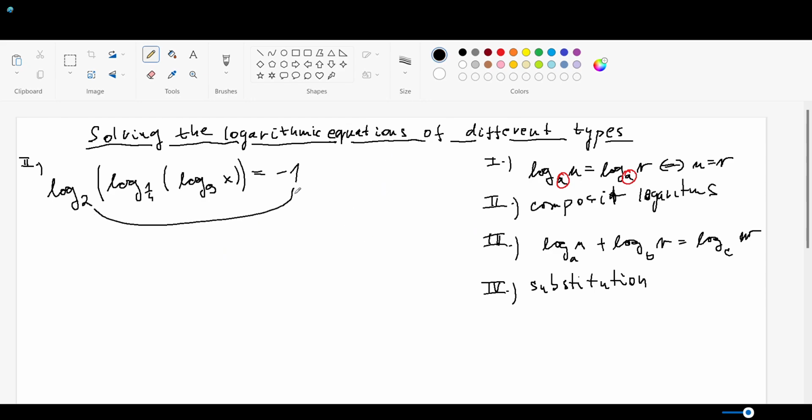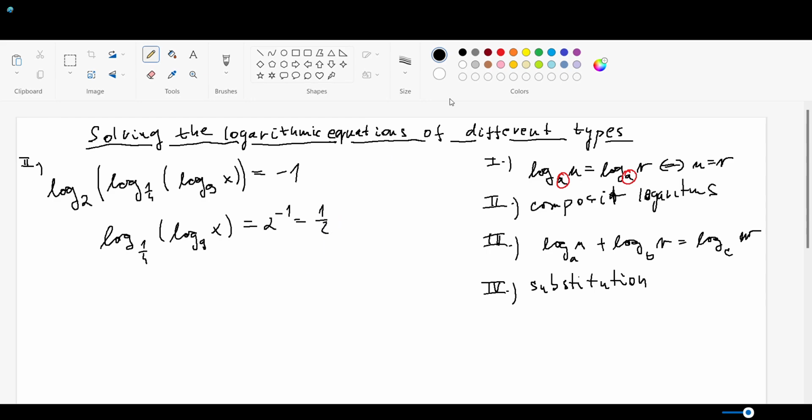Basically, 2 to the power of -1 must be equal to the argument of our function, which would then lead to the equation log base 1/4 of log base 9 of x is equal to 2 to the power of -1. As we already know, the right side of this equation is equal to 1/2.